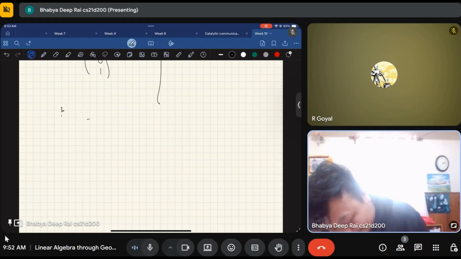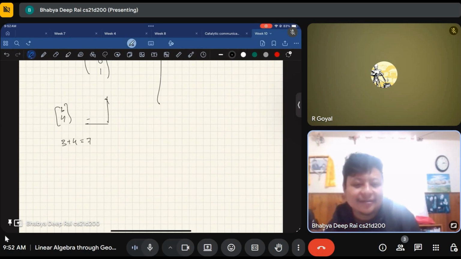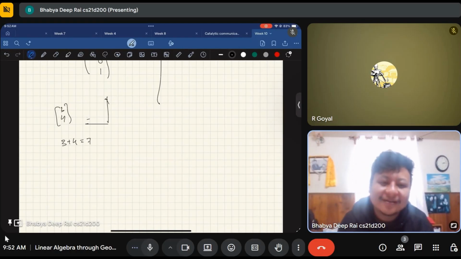If you have the vector (3,4), then you just go 3 steps to the right and 4 steps above, so it just becomes 3 plus 4, which is 7. That is the idea. And I do not think that the least square solution would give you the optimal solution in this case.